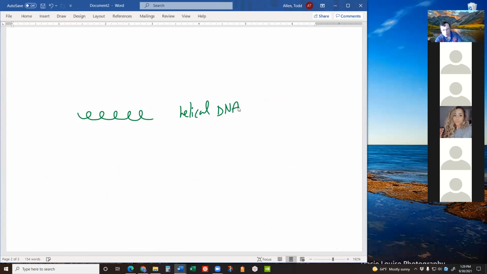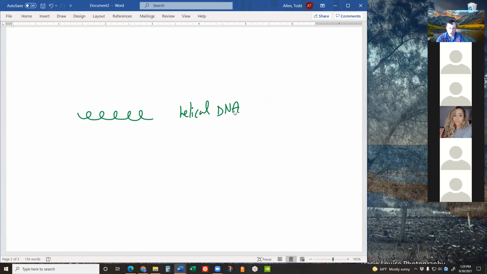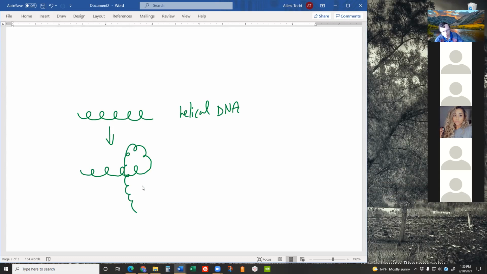So, Aubriana, when the book starts talking about gyrase relaxing the strands, what that means is this. In the actual structure of DNA, DNA starts to fold over on top of itself, and where it crosses itself is called a supercoil.